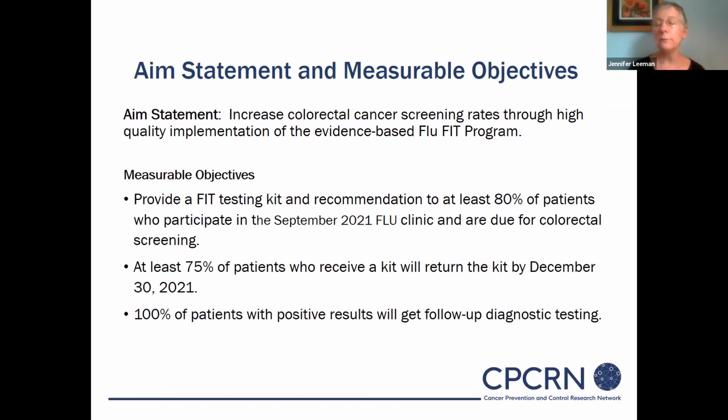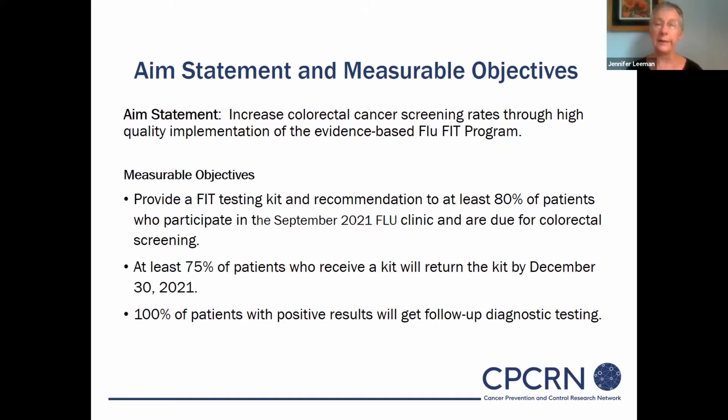We've talked about FluFit before, and we're going to use it as our case study for this presentation as well. You have more detailed information about FluFit in the program materials for today, but just as a reminder, FluFit is an evidence-based intervention that provides a colorectal cancer screening test or FIT test at the same time as a flu clinic.